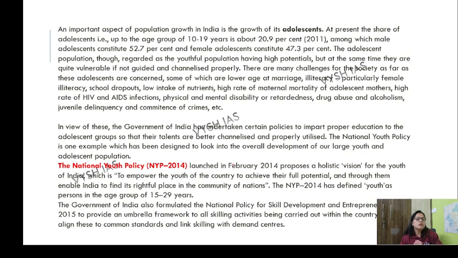Population growth in India has been impacted by its adolescents. Adolescents, the age group of 10 to 19 years, are about 20.9% of the population in 2011. Male adolescents are 52.7%, and female adolescents are 47.3%.